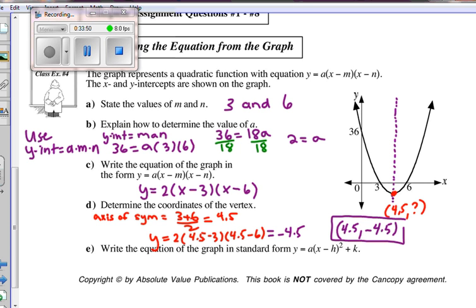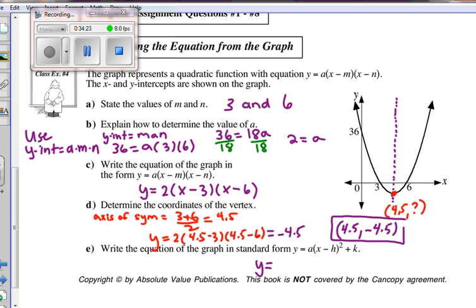Okay, so can we write it in standard form now? So let's write it in standard. What do you need to be able to write it in standard form? What does h and k stand for? H and K, what is your H and K? From x and y of what? Of your vertex. So our equation is y equals, the a value is still the same.